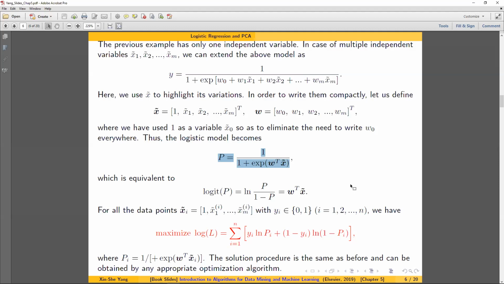Now, if we have all the data points, how can we leverage the same concept of maximum likelihood? Hold on, I'm going back to the textbook to take a look at this summation sign.